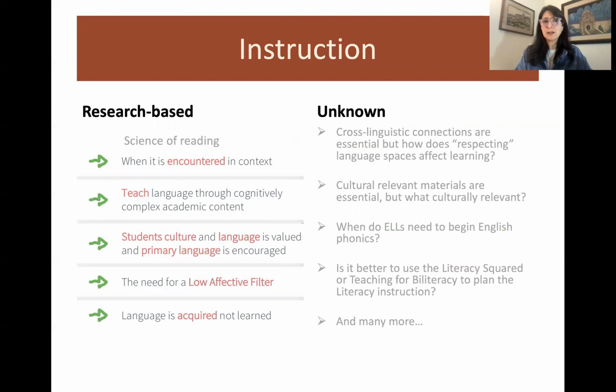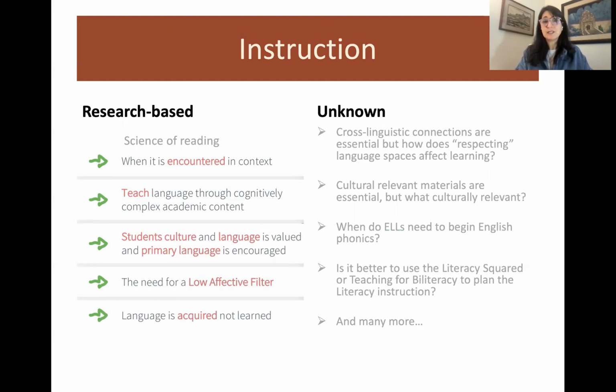So they're proposing that language development and literacy development occur when encountered in context, something that I explained briefly. Teach language through cognitively complex academic content, so never language in isolation. So we don't teach language, we teach through language. And what we teach is always relevant and complex to make it interesting.